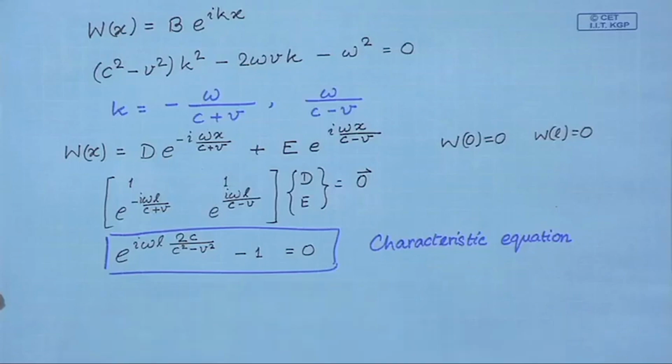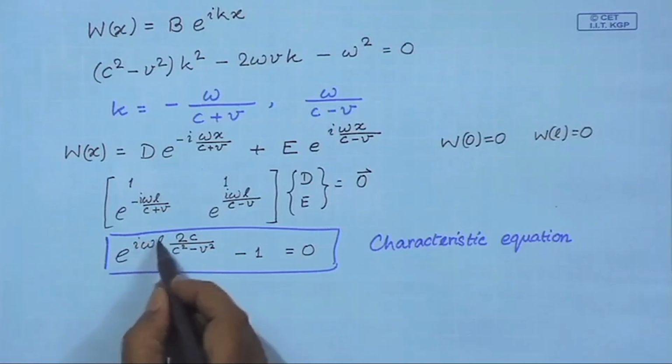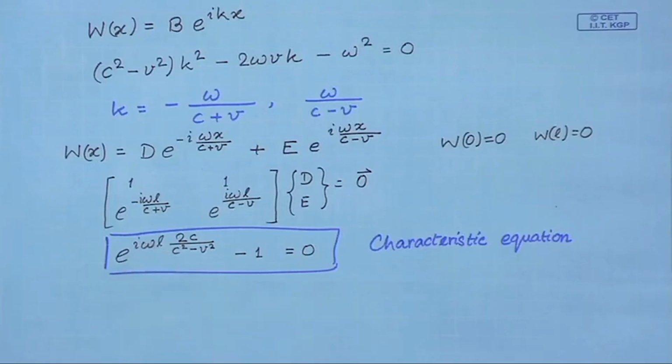So, this is our characteristic equation from which we are going to get these circular eigen frequencies, and if you solve this, then omega gets indexed.